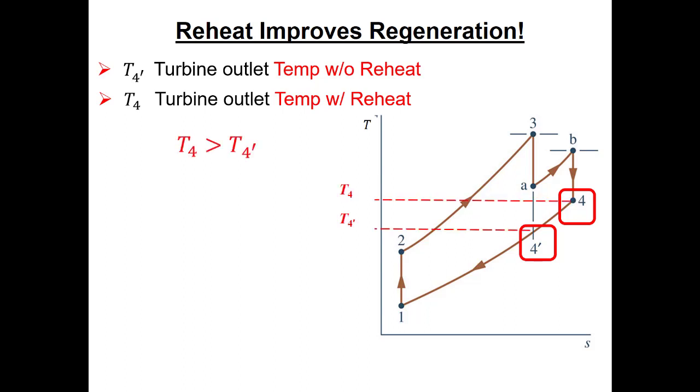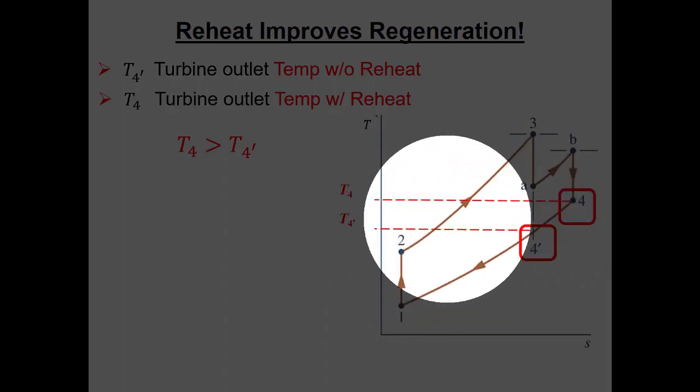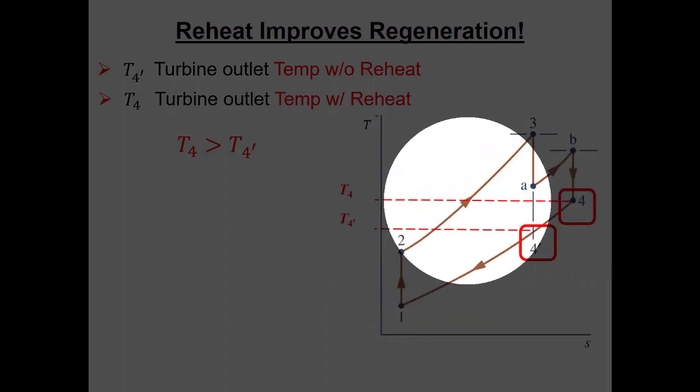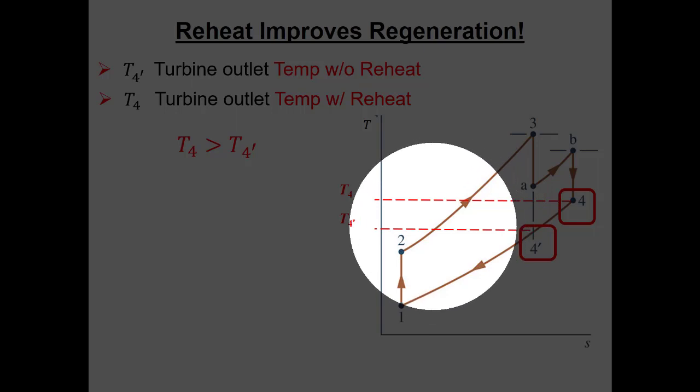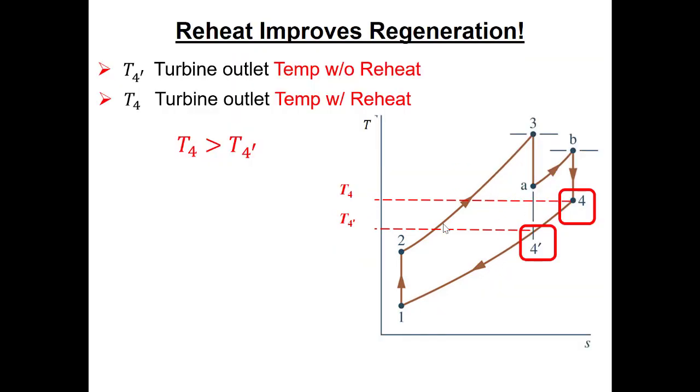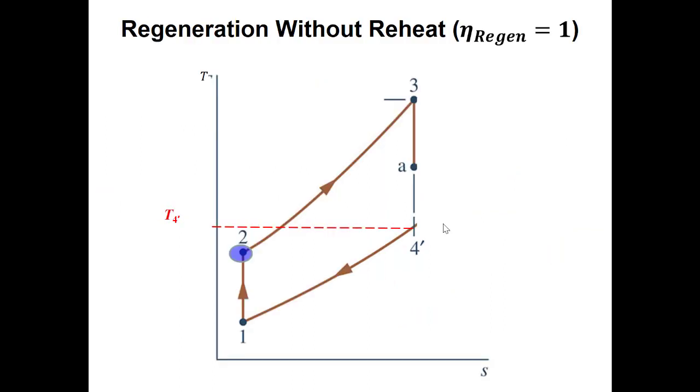And remember, our regenerator can get us close to our exhaust temperature, so as we increase the exhaust temperature, that means we can preheat this fluid more than we would if we didn't have reheat, which means that we're putting in less heat as we go through the combustor. So this higher exhaust temperature means we can scavenge more heat from this exhaust, and that reduces the amount of heat that we put in.